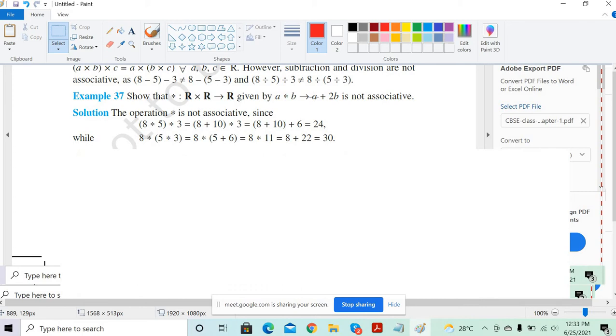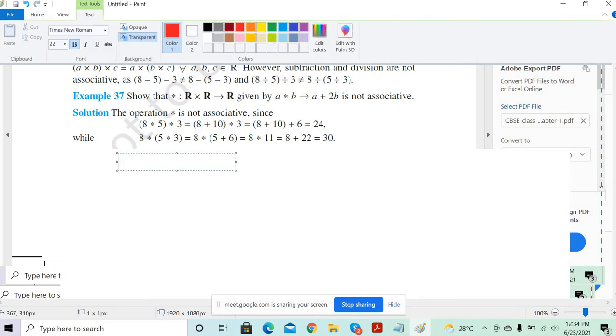Here a star b is equal to a plus 2b. As per the relation they have given us, we need to form a star b star c. The formula for a star b is a plus 2b.